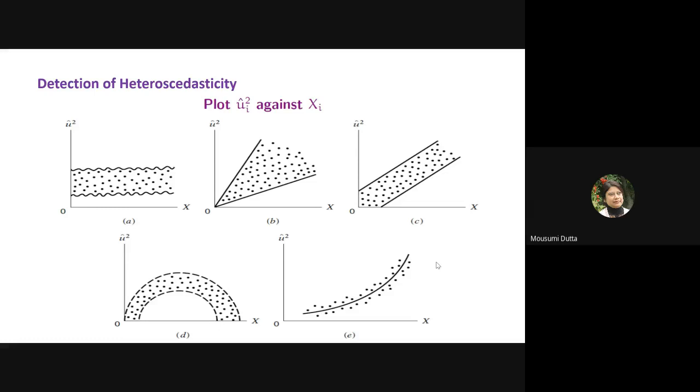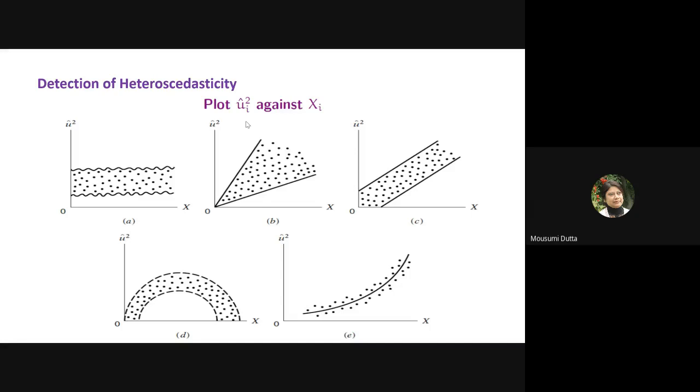The standard mechanism, if you consider the graphical method, is to plot ui hat square. This is the square of the residual; ui hat is equivalent to ei, which is the residual. I'm considering the squared values because we want to do this on the basis of absolute values.